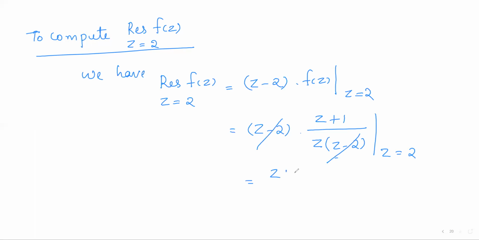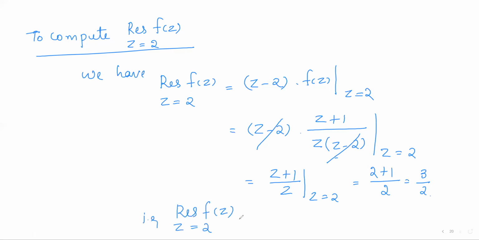We are left with z plus 1 by z at z is equal to 2. So it is 2 plus 1 by 2, or 3 by 2. That is, we got the residue of f of z at z is equal to 2 is 3 by 2. So this completes the fifth problem.